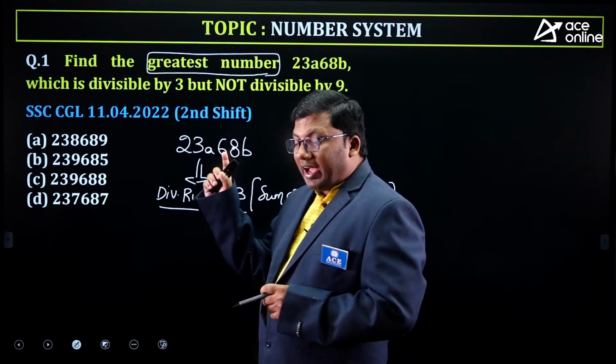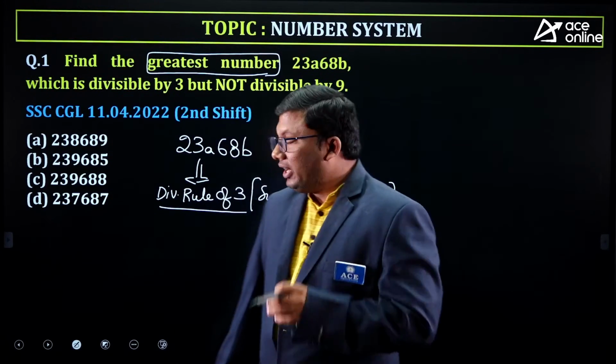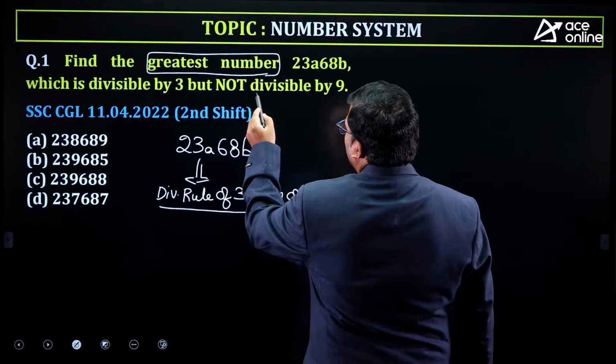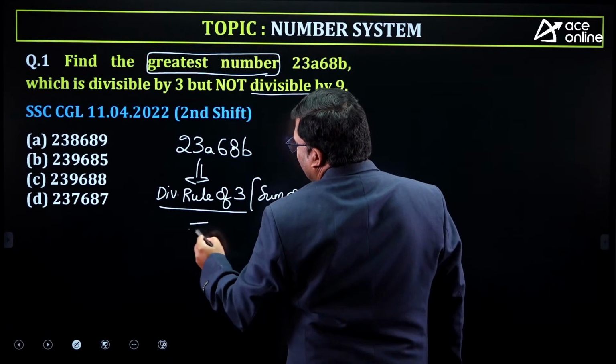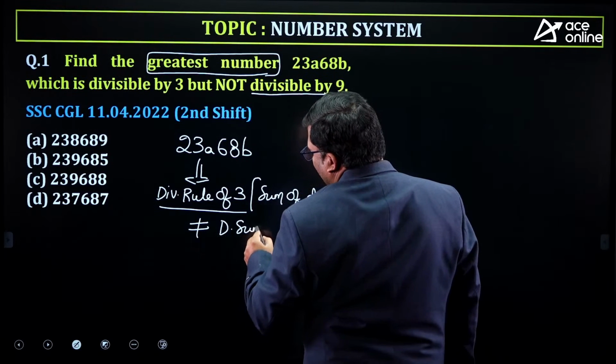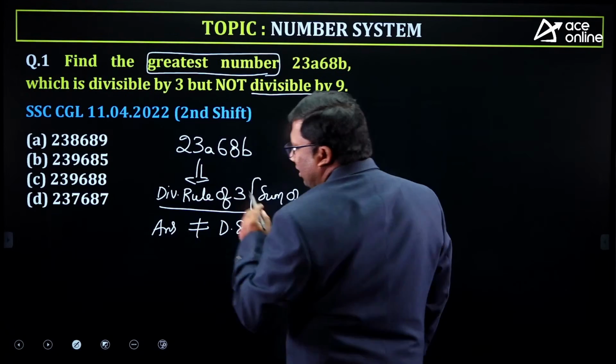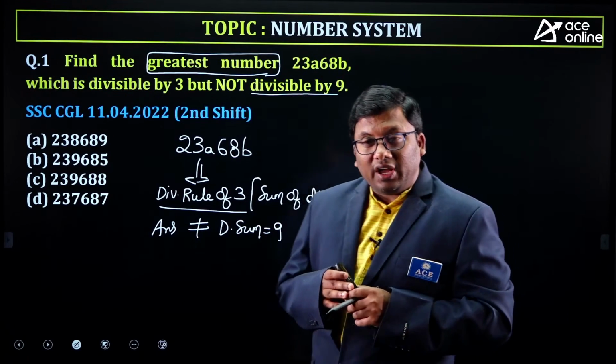That means if I add the digits, the sum should be a multiple of 3, but it should not be a multiple of 9. It is clearly mentioned that it is not divisible by 9, so the digital sum should not be 9. I hope the idea is very clear.